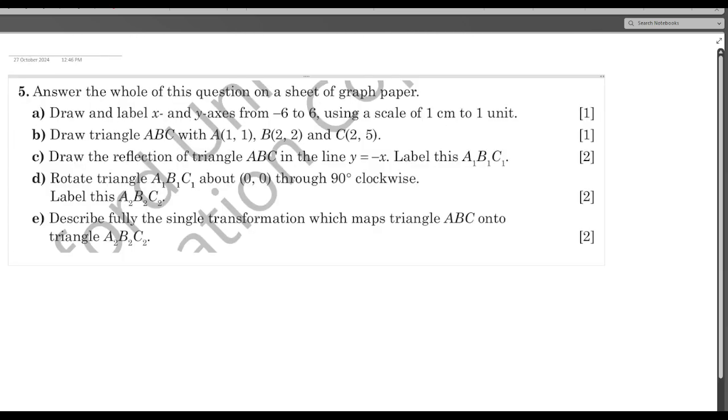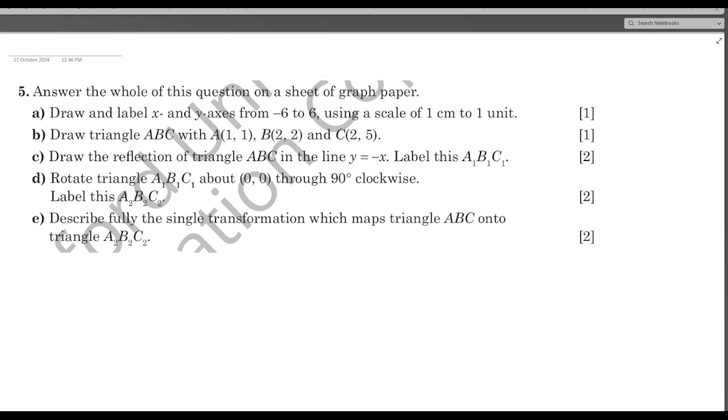Okay, now finally your question number 5. Answer the following. Again, draw and label x-axis, y-axis. Draw triangles, draw reflection, rotation, and you have to describe the single transformation of ABC onto A2 B2 C2. So let me take 3 triangles.